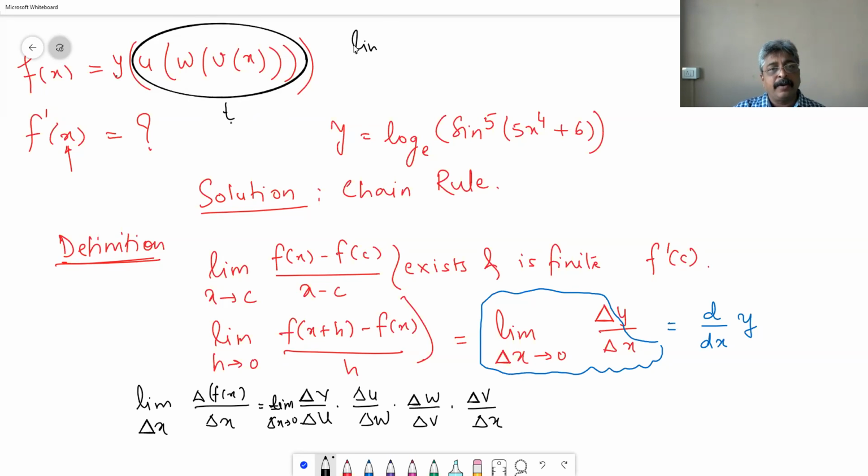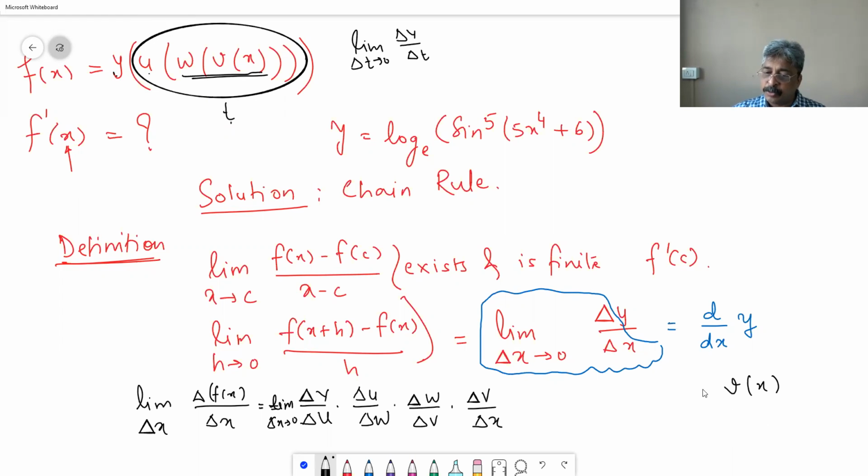Therefore, limit delta y upon delta t as delta t tends to 0 will be the derivative of y. What is t? t is u of this fellow. Do you understand this? It is going inside. So v of x.